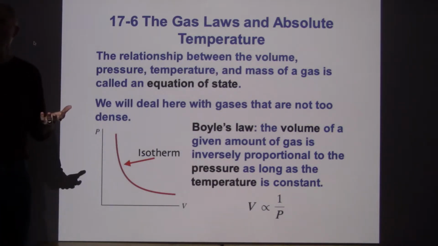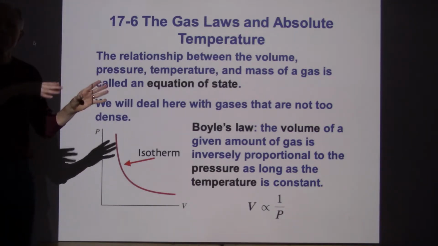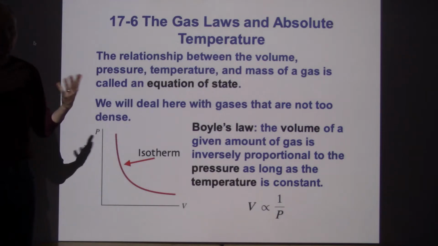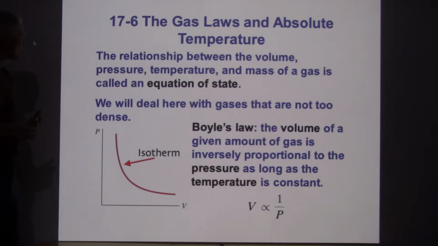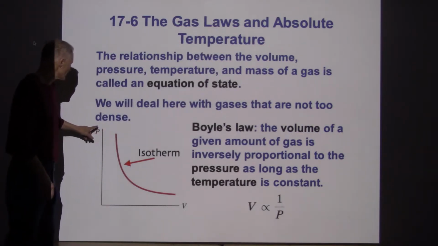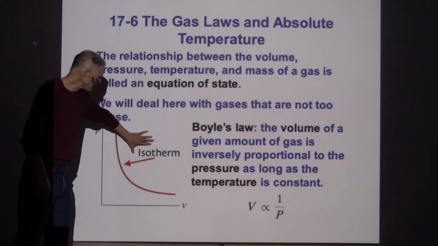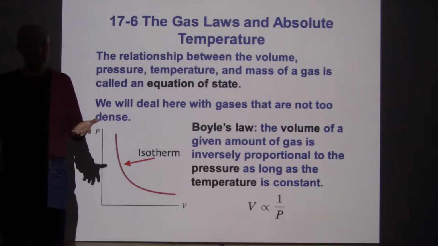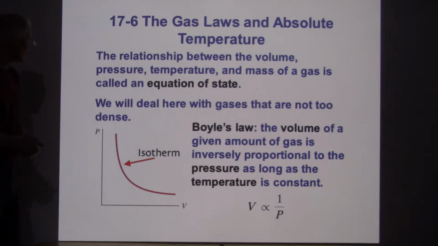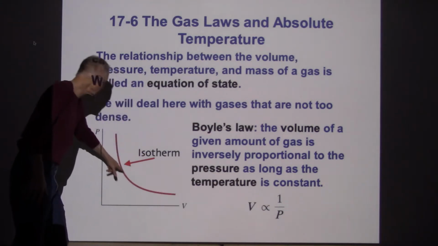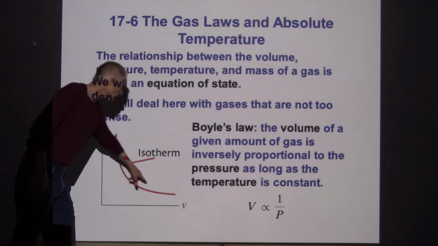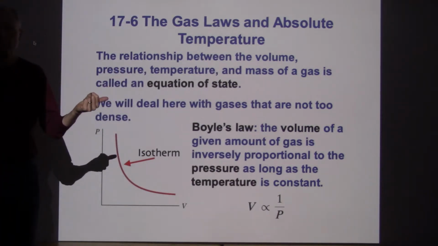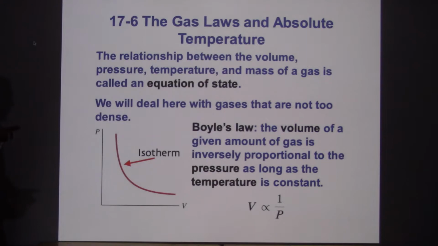Now, PV diagrams can be used for gases, liquids, and solids, but we're going to start by using these PV diagrams a lot to start thinking about what the properties of gases would be. Something to be aware of is if we have a sample of some kind of a gas and it's staying at a constant temperature, then these constant temperature contours are hyperbolas on our PV diagram. They have this kind of shape to them. So we're going to start seeing that over and over again.